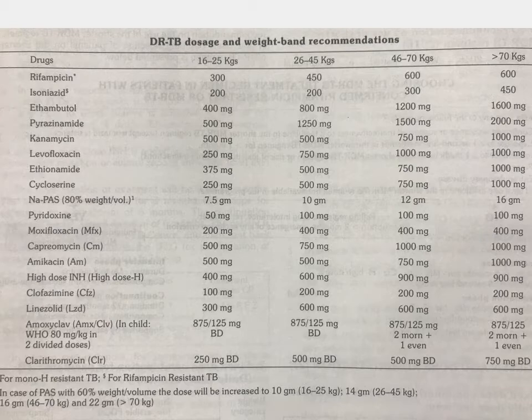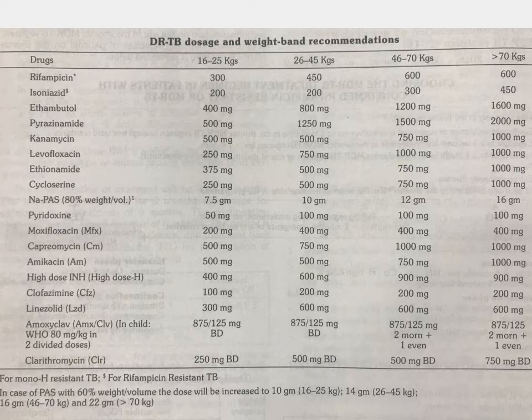So if you can see over here, there is one column in which the weight is from 46 to 70 kgs. So rather than 50, they've used a more safe figure of 46 kilograms and above.